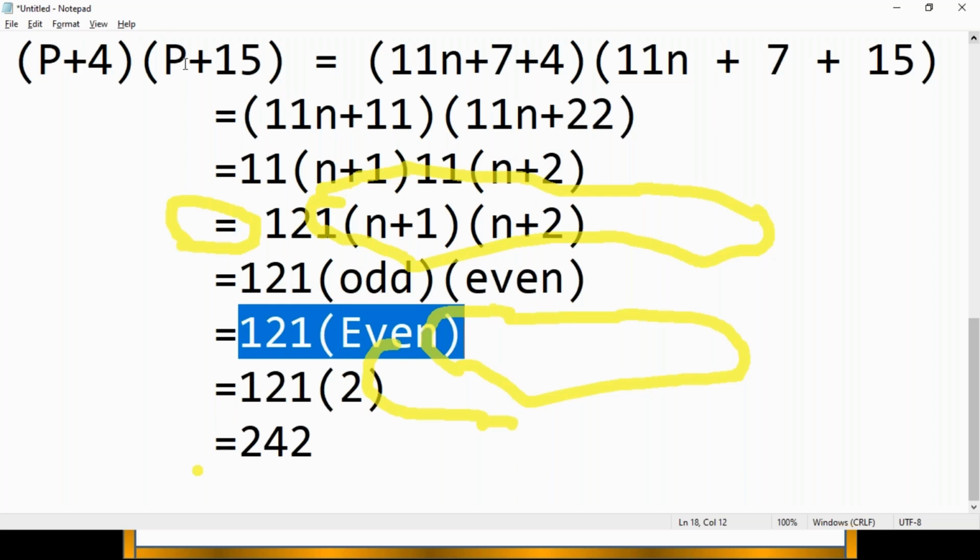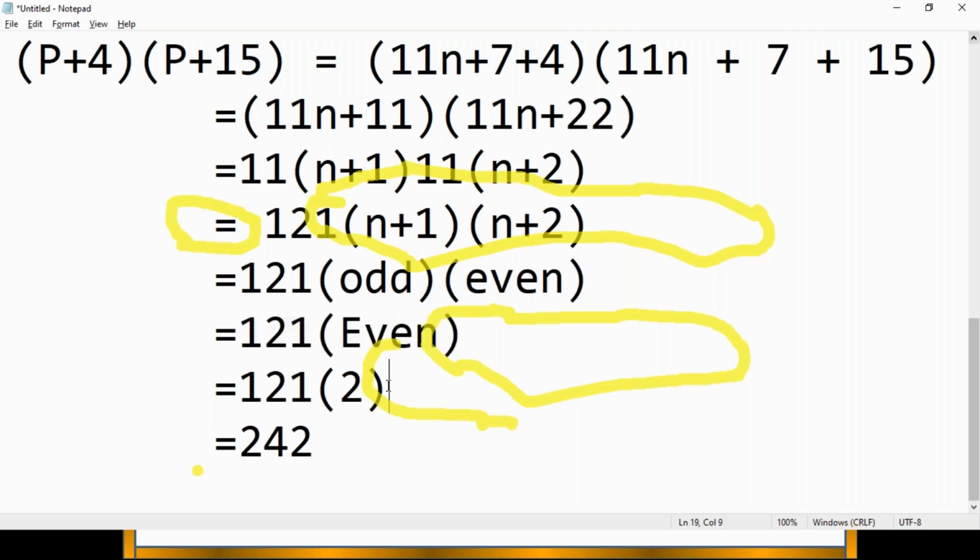So P plus 4 into P plus 15 is compulsorily exactly divisible by 121. But this even number is also there. This even number is indirectly a multiple of 2. So if it is a multiple of 2, automatically 121 into 2, 242. So that number is exactly divisible by 242.